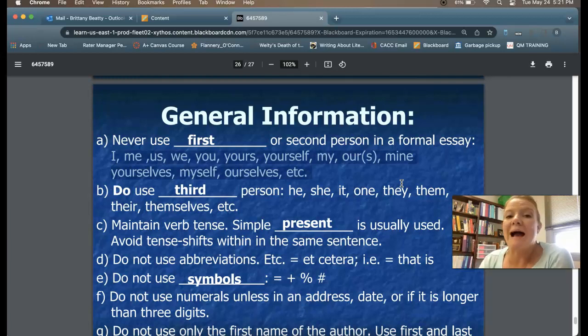Eliminate them from your academic vocabulary. You cannot have them in an essay. You can use third-person pronouns: he, she, it, one, they, them, their, themselves. Those are okay. So no first and second person, yes, third person.